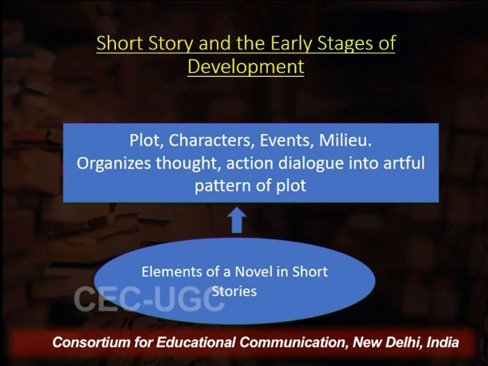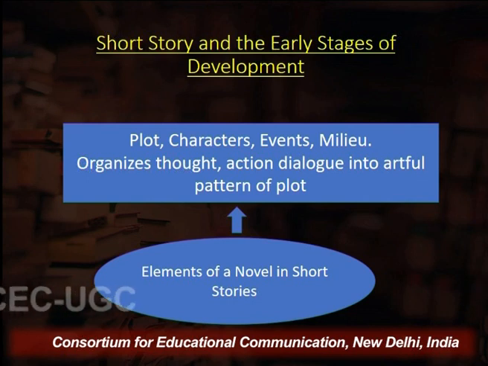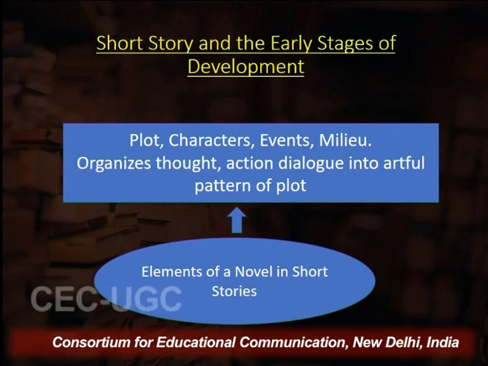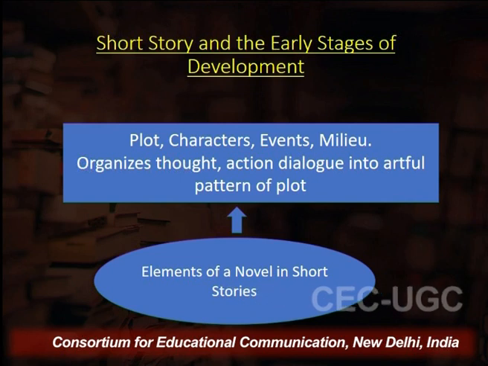So if you look at this, the elements of a novel in the short stories can be categorized into four broader categories: the plot, characters, events and milieu, right? So we see that just like a novel, a short story also has a plot, it has characters, it has events, and there is a milieu.